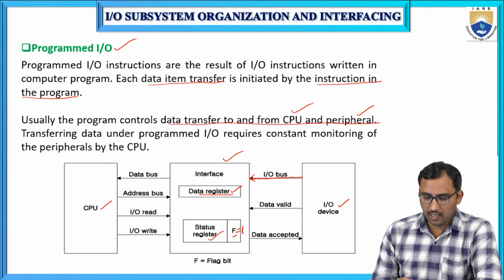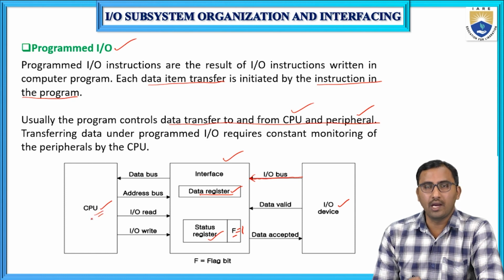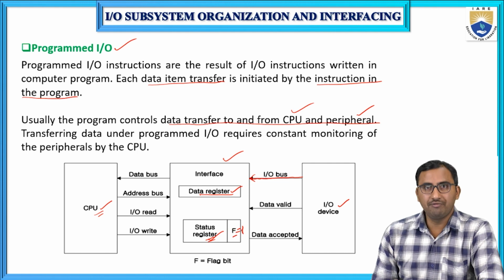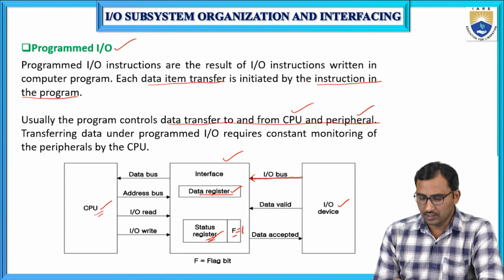Here the CPU has to continuously monitor the status register F. If F is equal to 1, that indicates that there is valid data present in the data register.